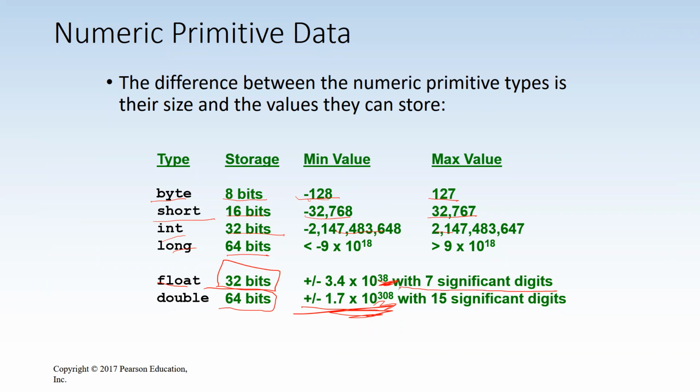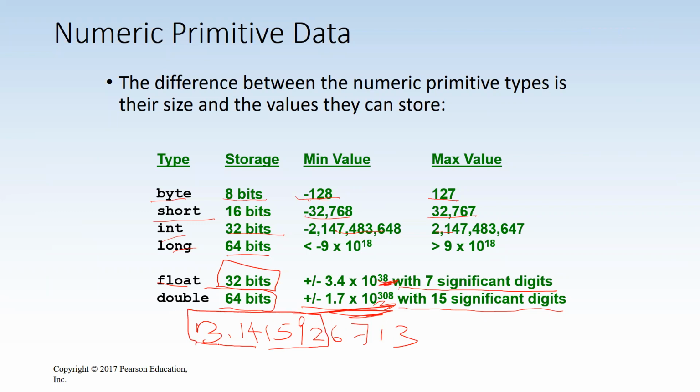Float can only store 7 significant digits, while double can store 15 significant digits. If you have a number like 3.14, it can only remember 7.